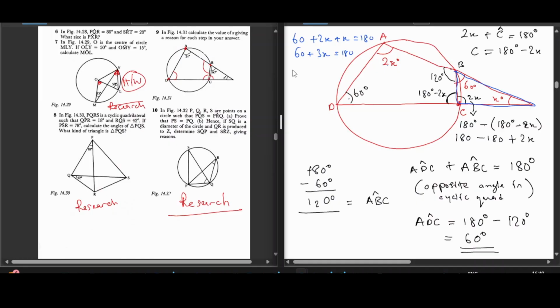Then 3x is equal to 180 minus 60. What is 180 minus 60? It's 120. We divide by 3 on both sides and x is equal to 40 degrees. So a quick mathematician could have just seen 2x before going anywhere.